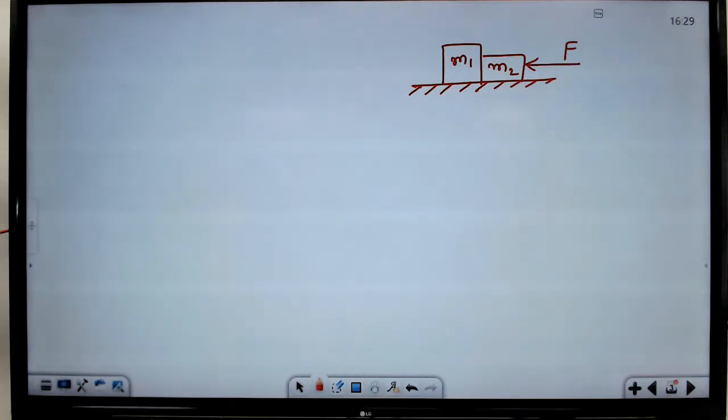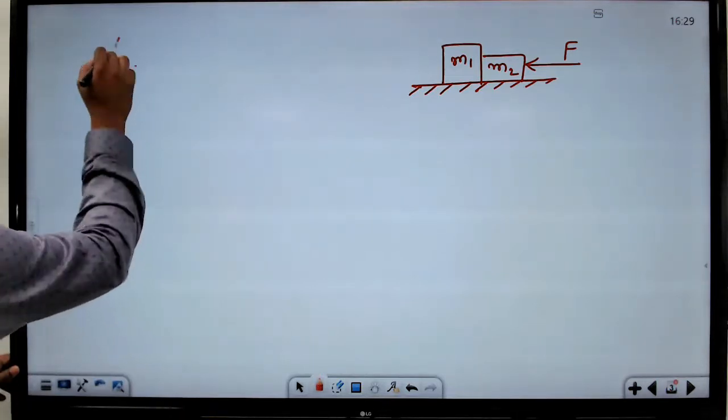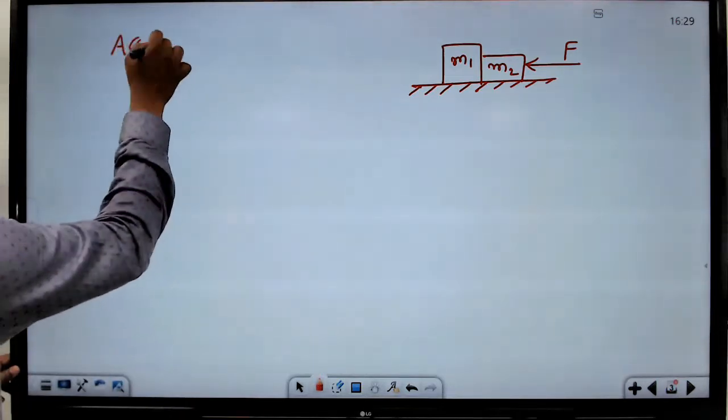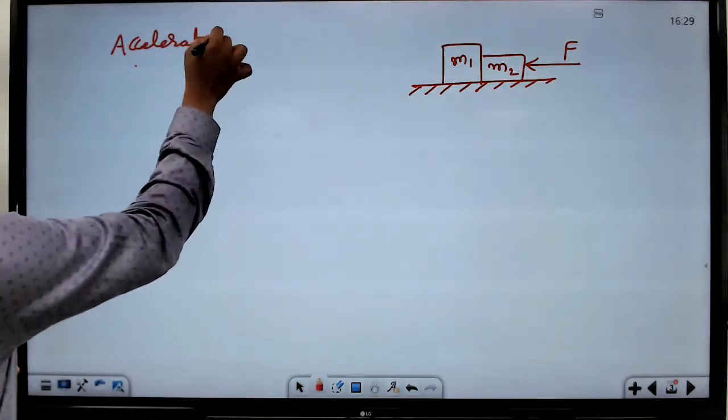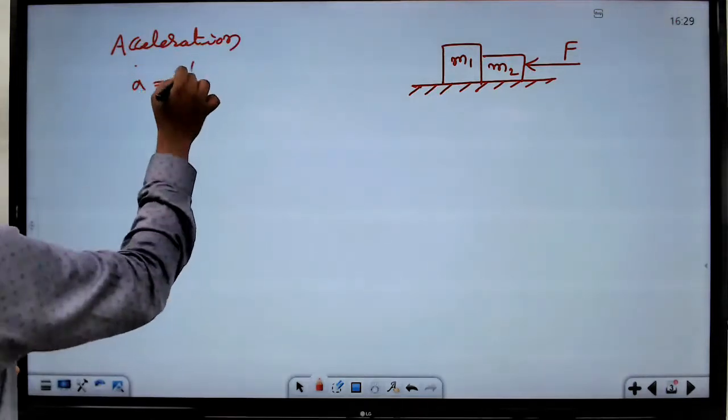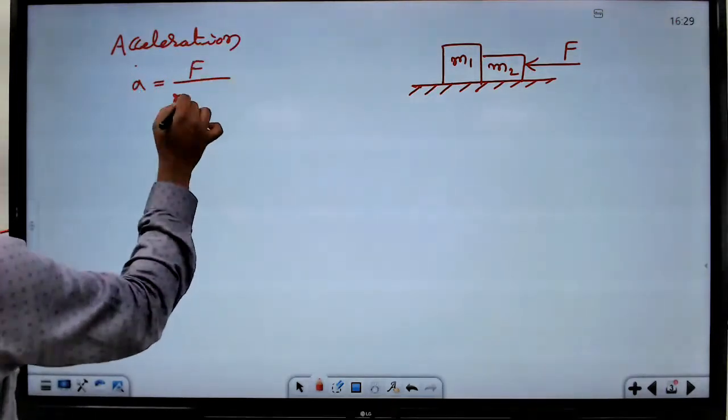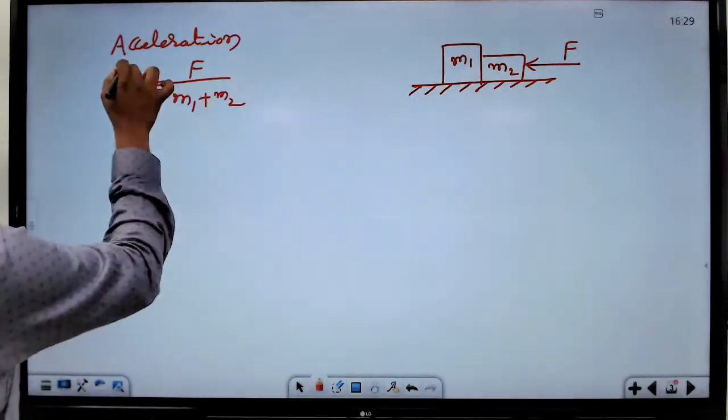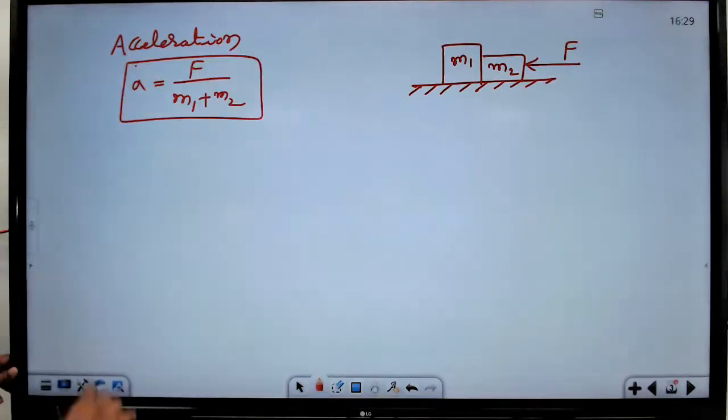In this case, what is the value of acceleration? Net force by total mass, F by M1 plus M2. Next, free body diagram for mass M1.